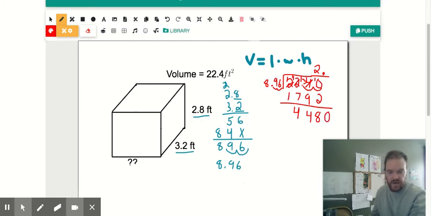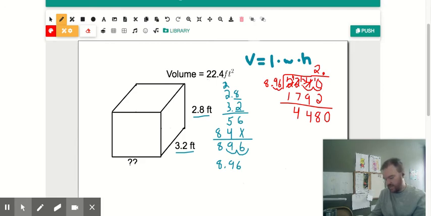Again, I think this is going to go in 4 times. 896 times 4 gives me 3,584. I'm going to check that. I'm going to make sure it doesn't go in 5 times.